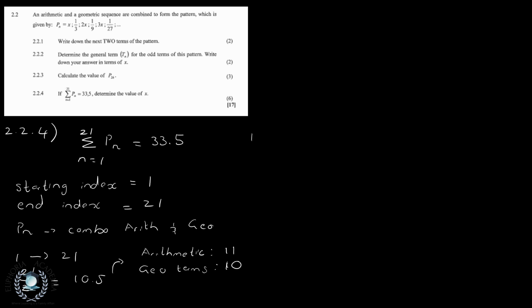Now we need to use what we know to find the value of x. So let's write out what we just have. We have the sum of the arithmetic terms, 11 of them, plus the sum of the geometric terms, and we have 10 of them. That will give us 33.5.